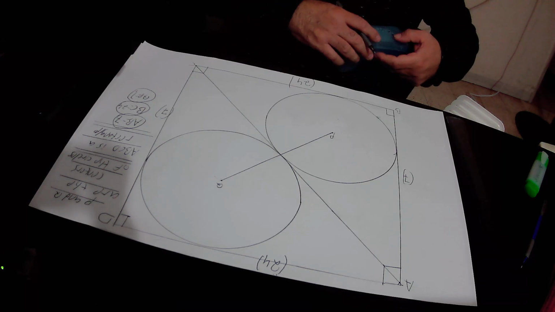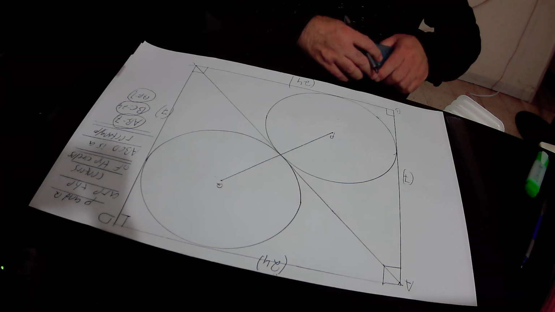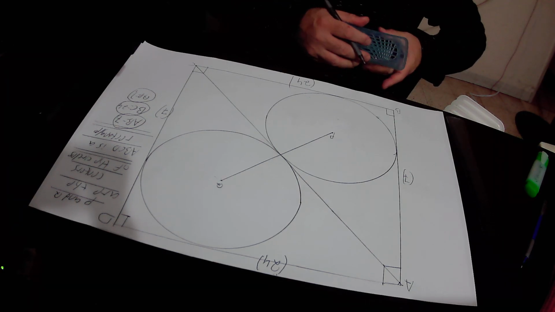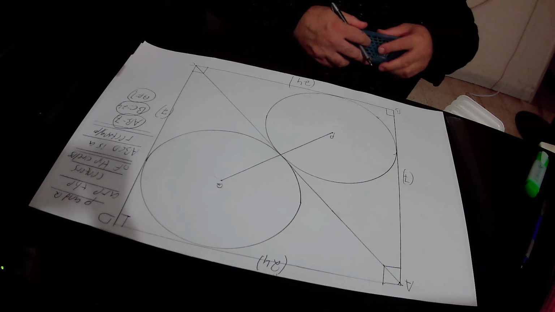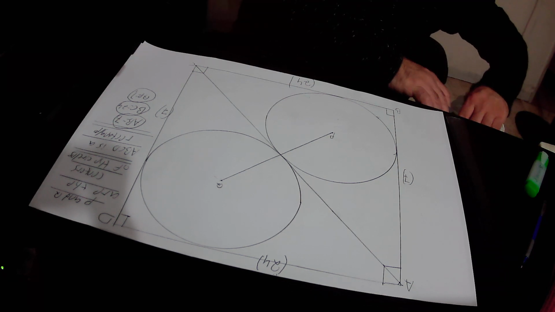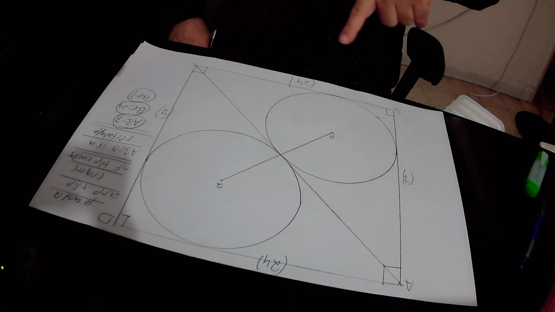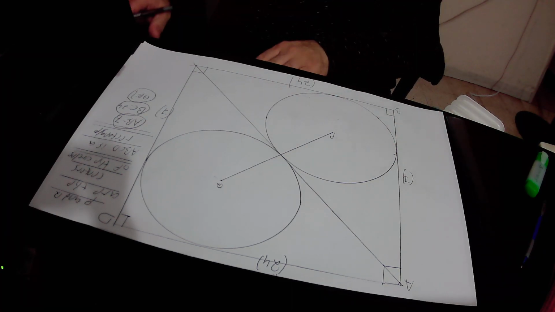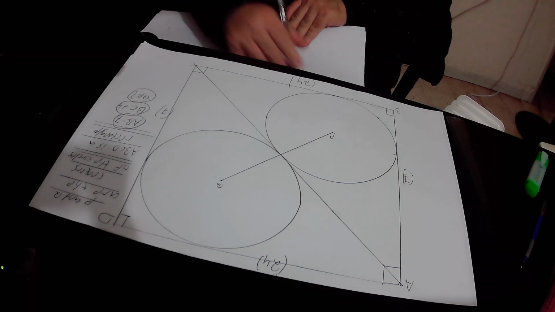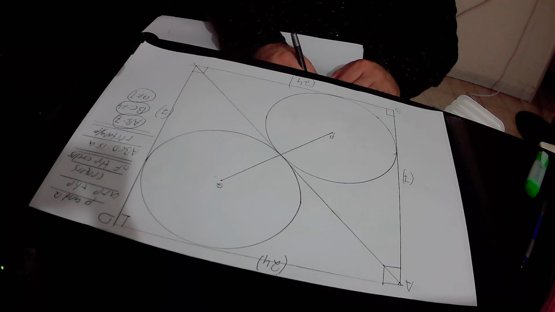In the next step, we'll implement the Pythagoras theorem on the right triangle, triangle ABC. So on the right triangle, triangle ABC, by PT, which is an abbreviation for Pythagoras theorem.